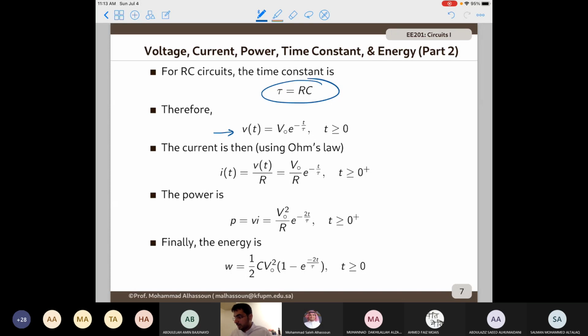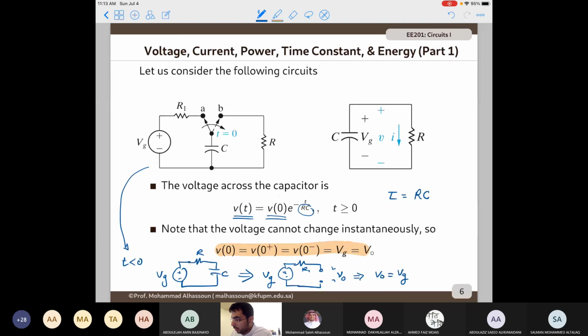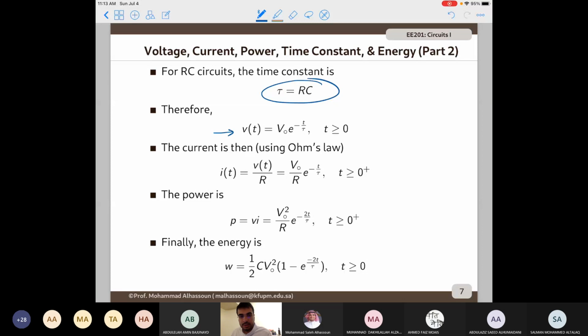For the current, you have two options. The first one is you can differentiate the voltage, and you'll get the current. Or you know that the current is, by Ohm's law, the same as the current passing through the resistor. So you can use Ohm's law to find the current. Any method you use, you should end up with the same solution.